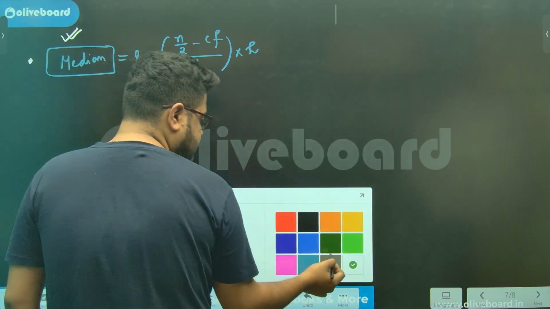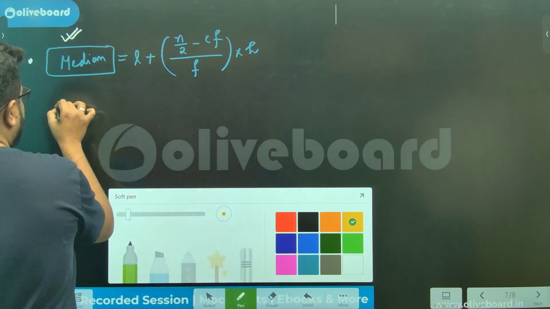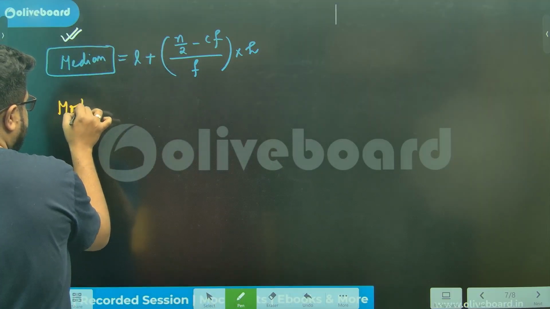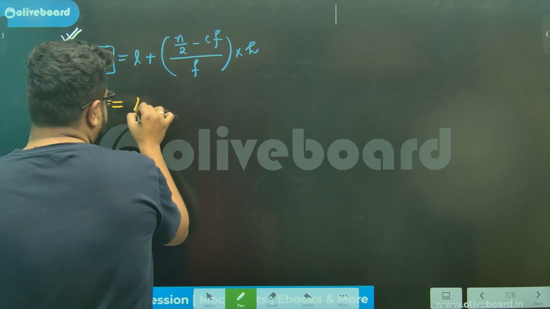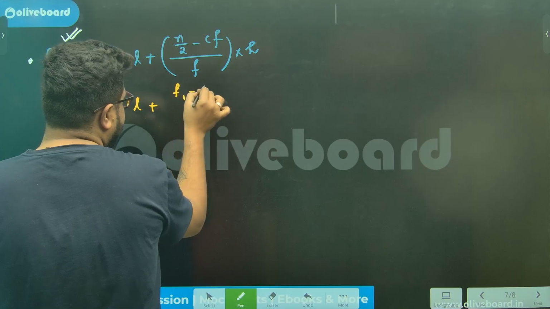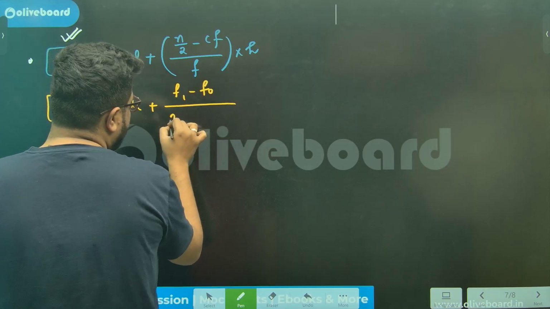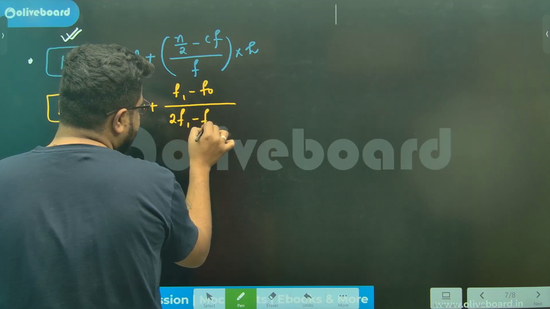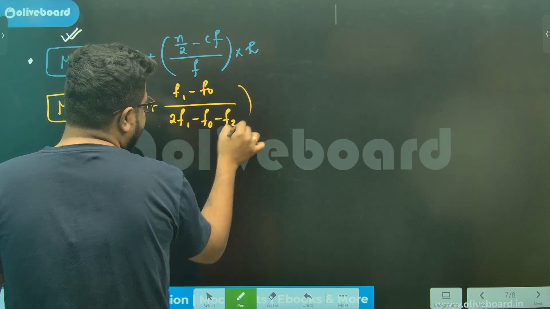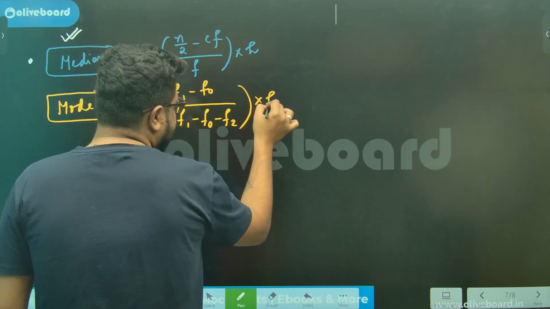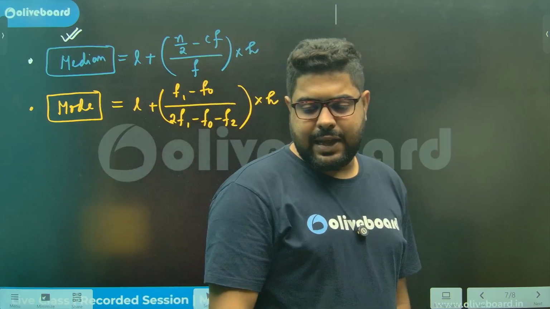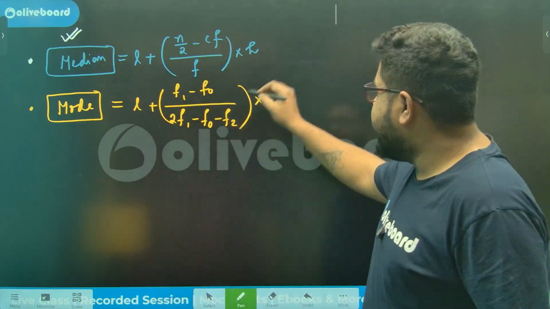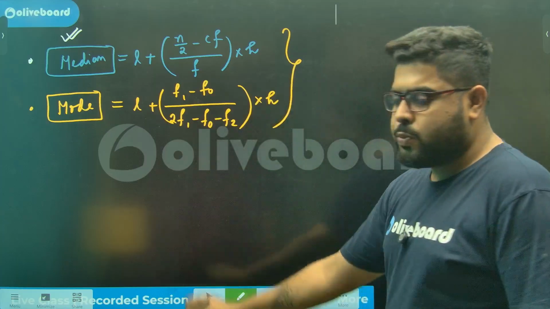Similarly, if you want to go for mode, which is also very important, 2023 onwards, every year they have asked. That will be L plus F1 minus F0 by 2F1 minus F0 minus F2 into H. So again, these things you need to remember like the palm of your hand. Very important formulas for group data.